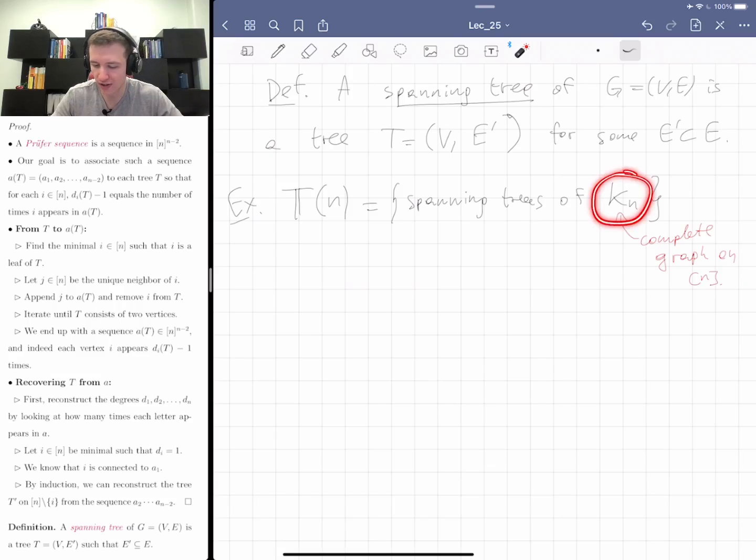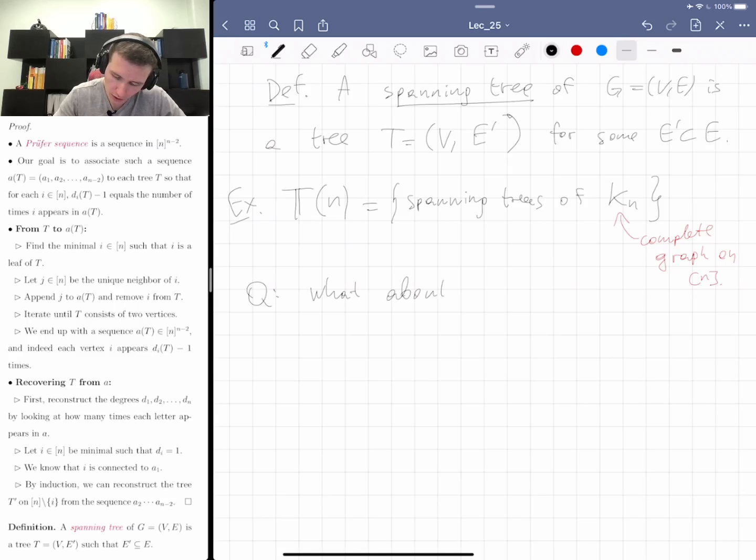But for now, let me consider the next case. We discussed the complete graph, but there is also the complete bipartite graph. The question is, what about other graphs? And let me give you the answer first for the complete bipartite graph, and that's going to be without proof.